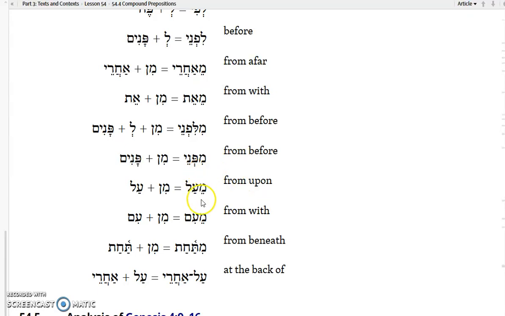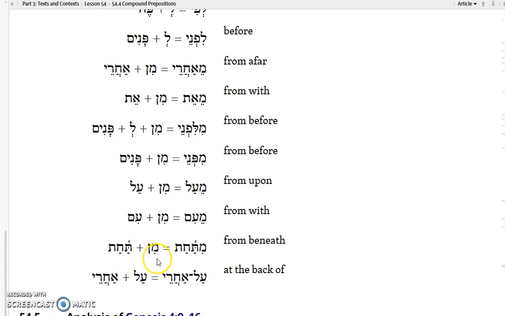And then you can have min plus al, meaning me'al, from upon. And then min plus im, meaning me'im, from with. Again, adding the idea of separation to the idea of with. And then min plus tachat. One of the meanings of tachat is underneath. It can also mean instead of.